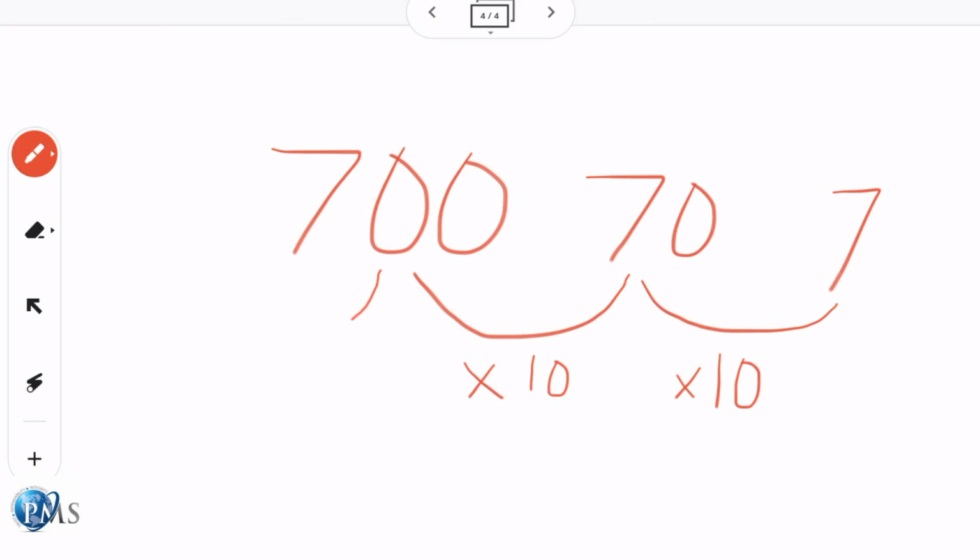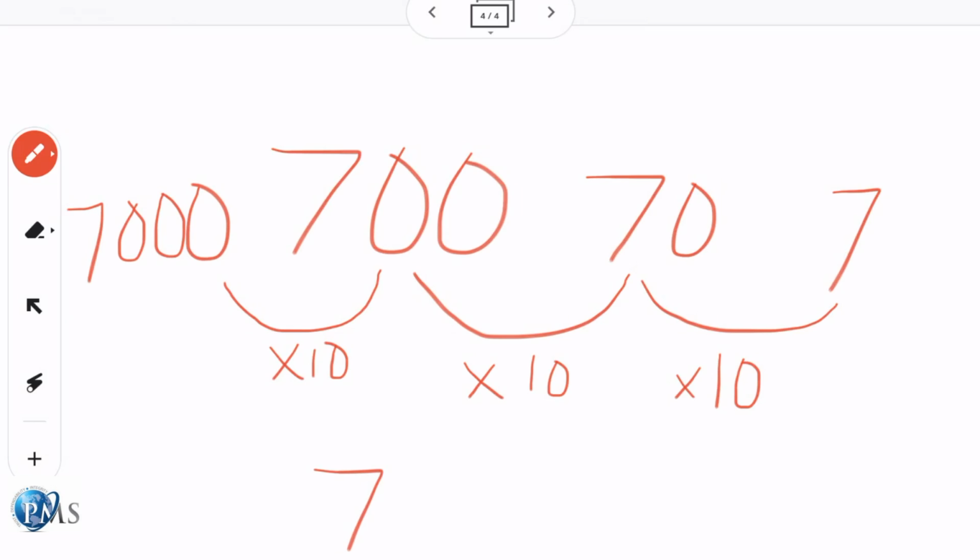If you multiply 700 by 10, we didn't talk about this number, but that would be 7,000. Okay, so the point is, if you have a number like 777.7, each number is 10 times bigger than the number to the right of it.